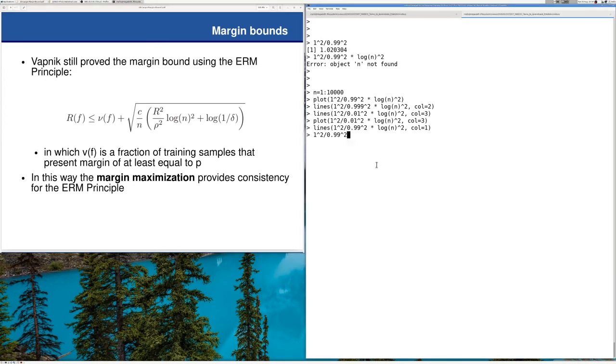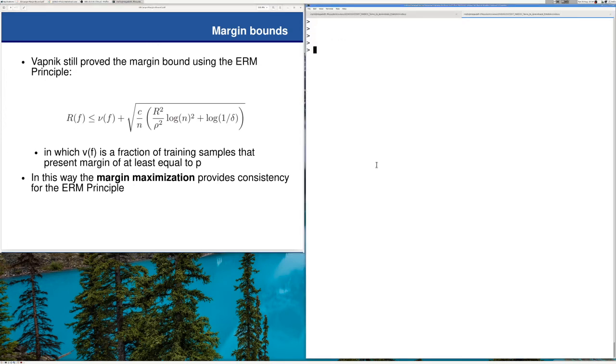That's the same as doing something like this. Let's say our nu of f is going to be 1%, or 0.01. And let's suppose our n is going to assume values from 1 to, I don't know, 1000.